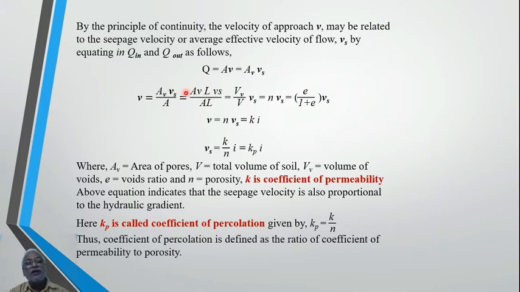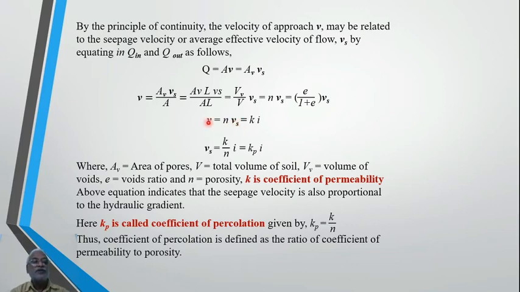Anyway, area of voids multiplied by L gives you volume of voids, and total cross-sectional area multiplied by L gives you total volume. But Vv, volume of voids divided by total volume, is nothing but porosity. Hence, the relation between V and Vs becomes V is equal to n into Vs. That is, apparent velocity or superficial velocity is equal to n times actual velocity or seepage velocity.